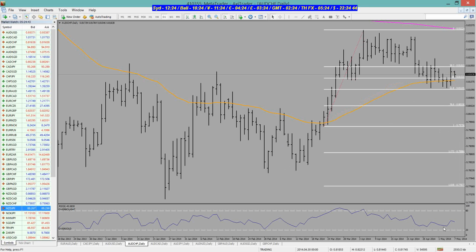The momentum is at the lower end of the scale, and obviously will be going higher. So when you're looking at it like that, you could suggest that, let me just put that on there, you've got hidden divergence.